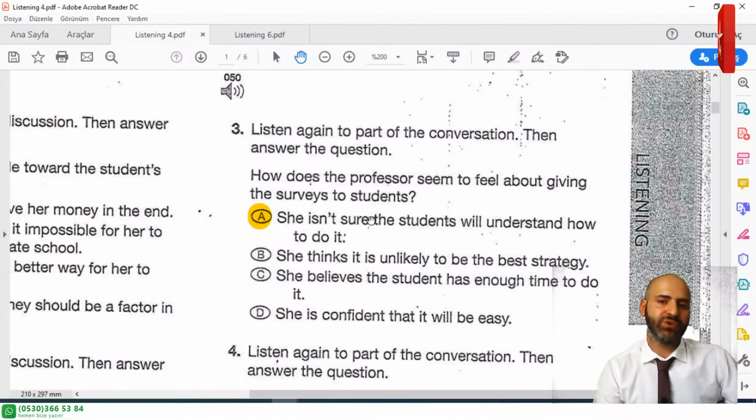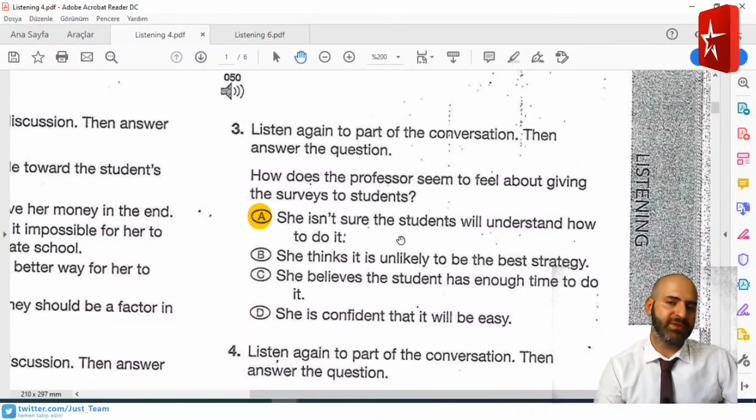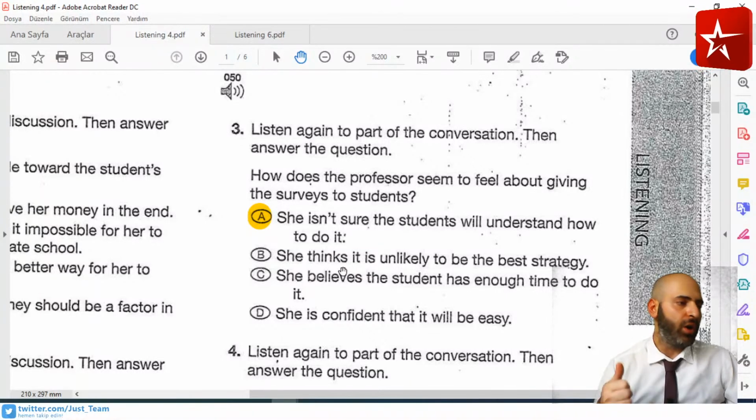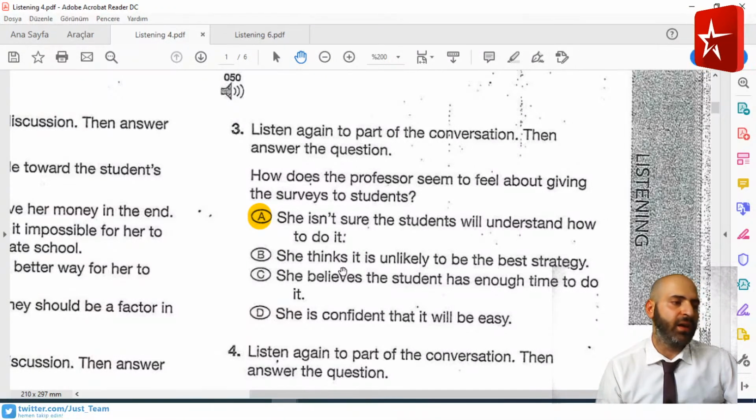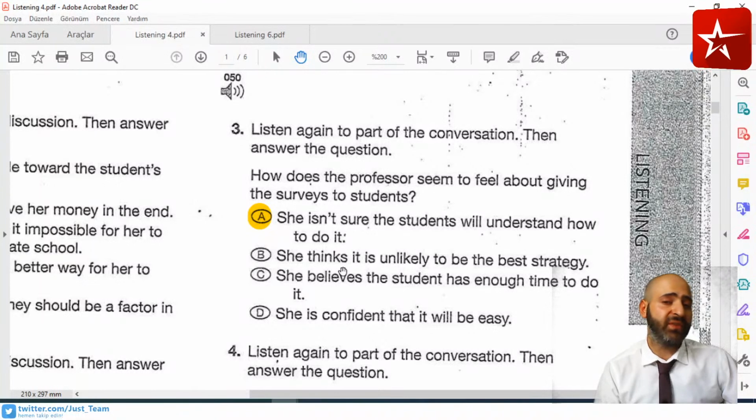So she is not sure students will do it. Also, the professor said getting 15 students to answer a question was not a breeze. Okay, I said this. And one more time, she said it will be difficult to recruit 50 students who are willing to do it.